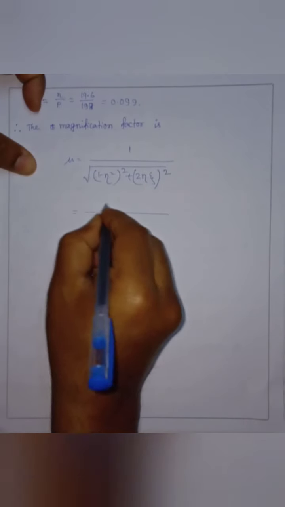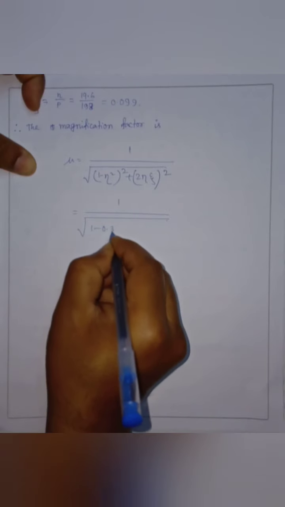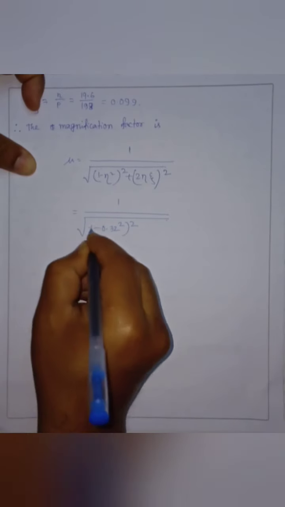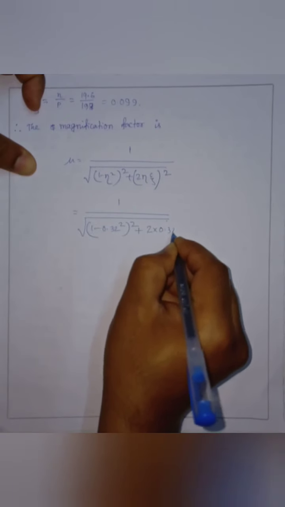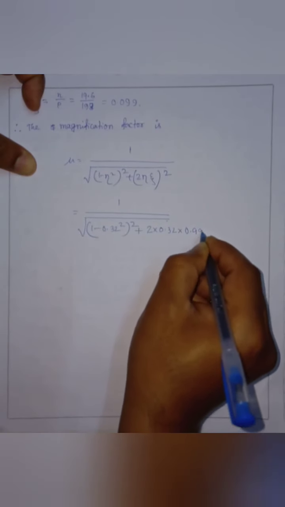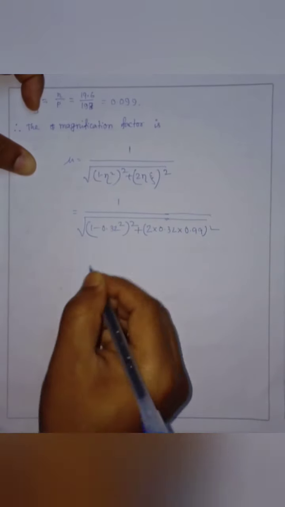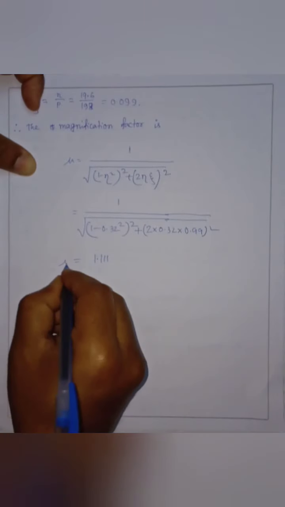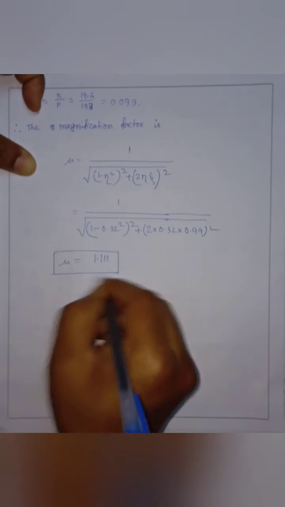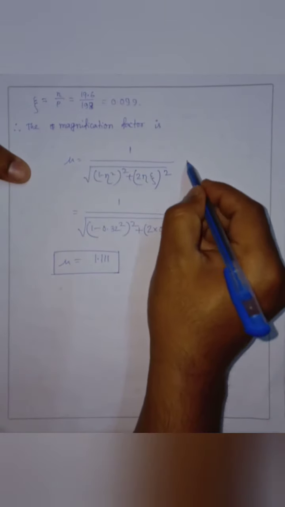So 1 by the square root of (1 minus 0.32 square) whole square plus (2 into 0.32 into 0.099) whole square. So this will be 1.111, so this is the answer. For this type of numerical you should always remember these equations.